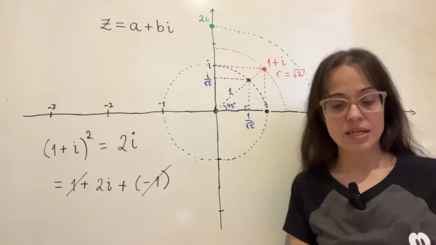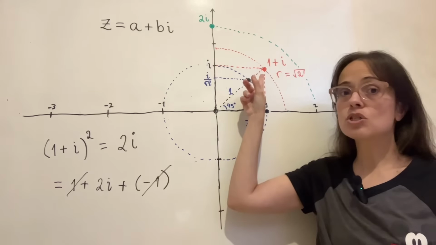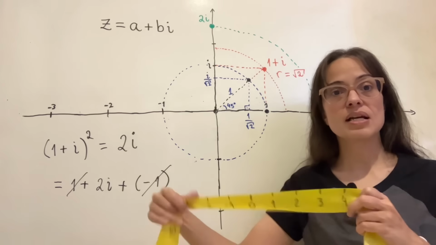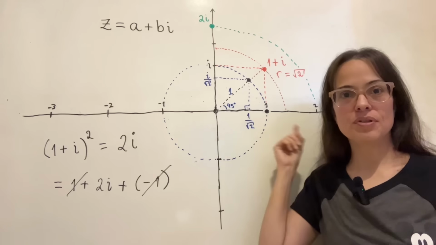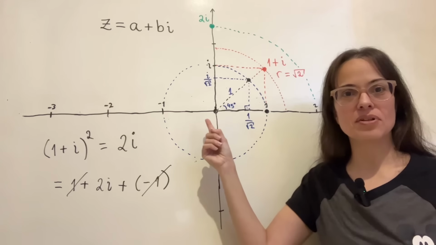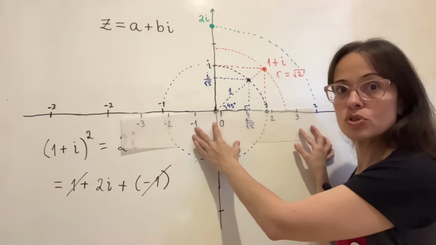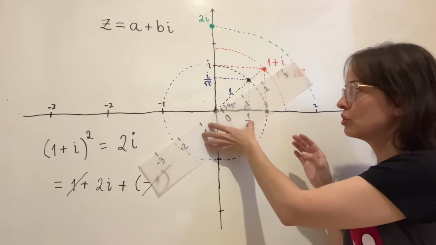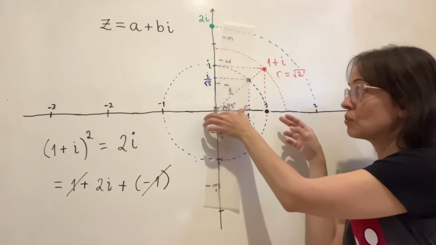The number that is telling us by how much to stretch is the radius of the circle in which the point is. And the number that is telling us by how much to rotate, it's the angle between the horizontal line and this other line that goes from the origin to our point. So you're just adding angles. You started at 0 angle, and then you're going to multiply by red. You're going to go to 45. Multiply by the same point again, it's another 45.